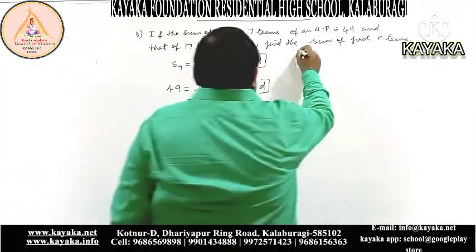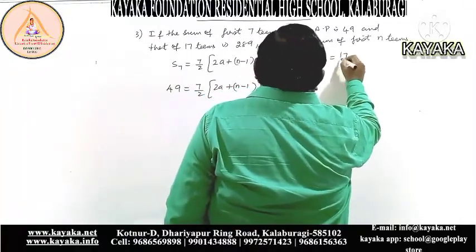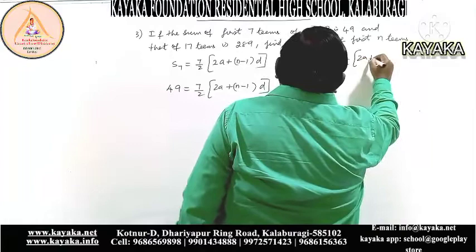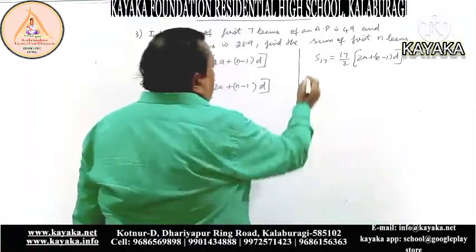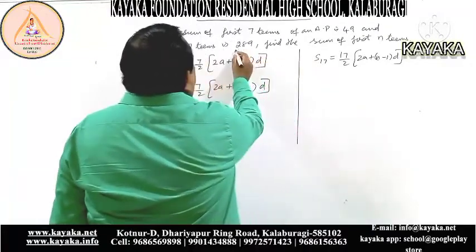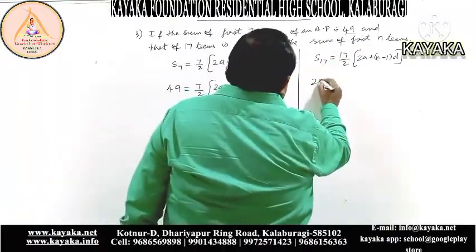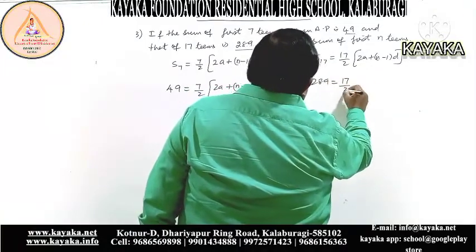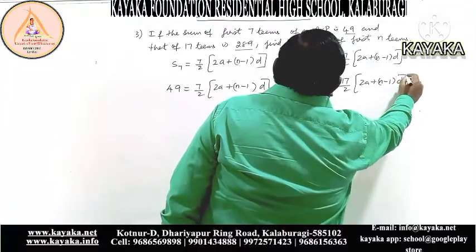Therefore, you can draw a line here and write S17. S17 will be equal to 17 by 2 into 2A plus n minus 1 into D. S17 they are given here as 289. This is 49, this is 289. 289 will be equal to 17 by 2 into 2A plus n minus 1 into D.